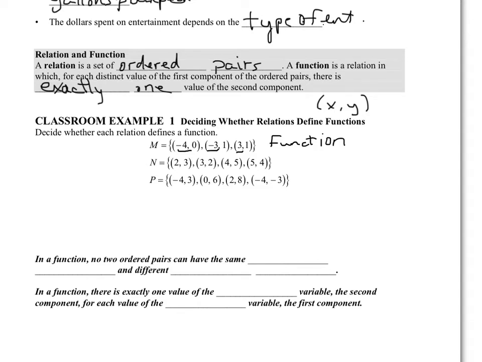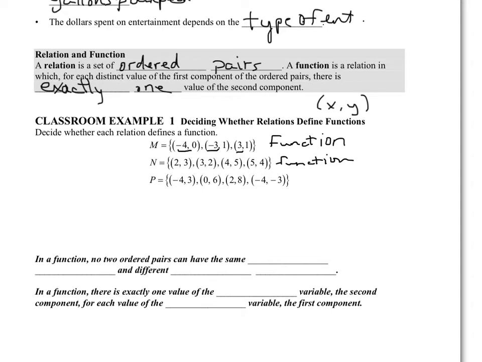Look at set N. Evaluate those ordered pairs. Are the x's all different? Yes, they are. That means it is also a function. Now, when you check set P, do you see a problem somewhere?